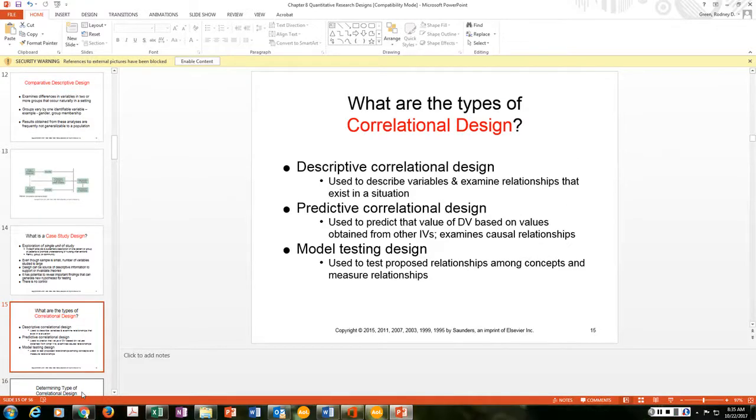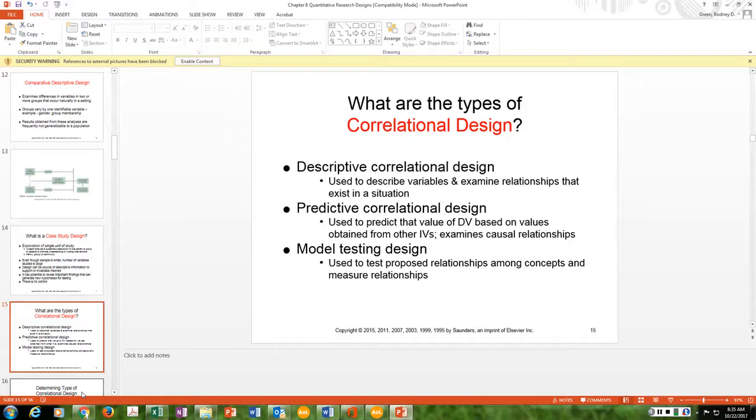What are the types of correlational design? There are three types of correlational design. Descriptive correlational design is used to examine variables and examine relationships. Remember that, examine relationships that exist in a situation. So that's a purely descriptive correlational design.